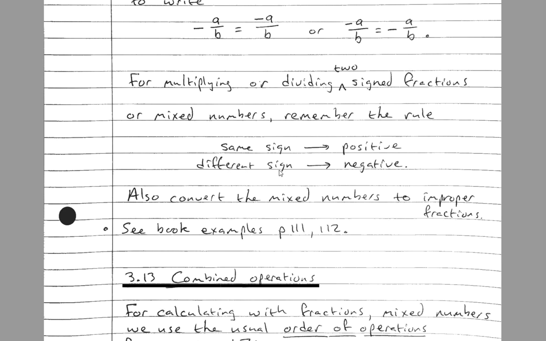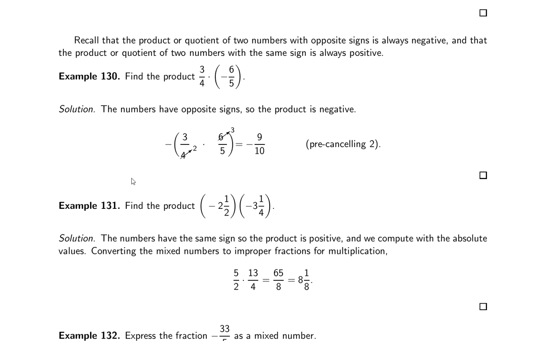And for multiplying or dividing mixed numbers, you do have to convert them to improper fractions first. Okay, so maybe some examples from the book.